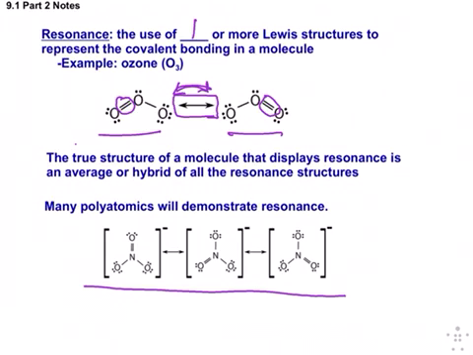Yeah, the double bond is in different places in each of these. A resonance structure will only show up if there are double or triple bonds in the diagram. That's the only time you need to worry about a resonance structure.